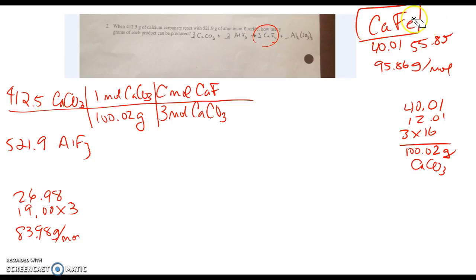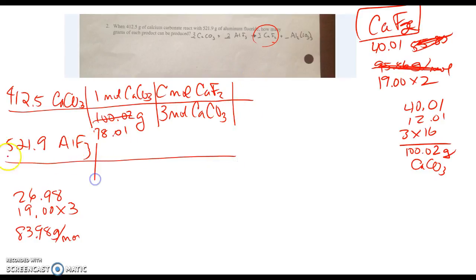It's actually CaF2, isn't it? I don't know why I did that. So let's try that again. Fluorine is 19 times 2, so 40.01 plus 38 gives 78.01. Okay, sorry about that. CaF2.